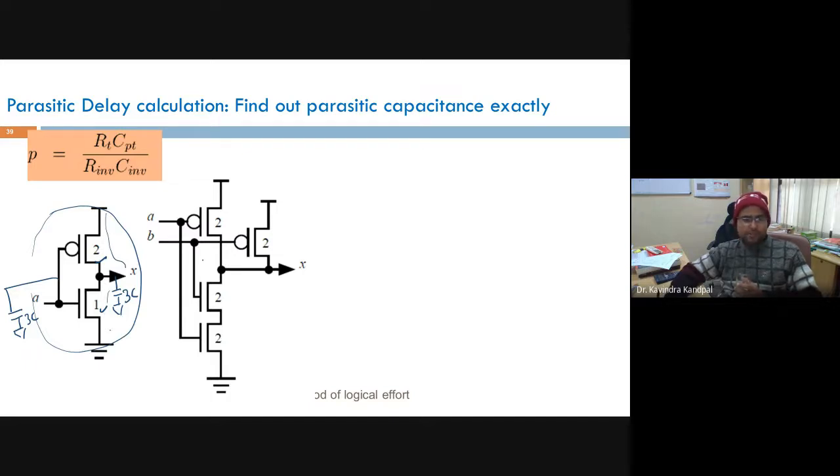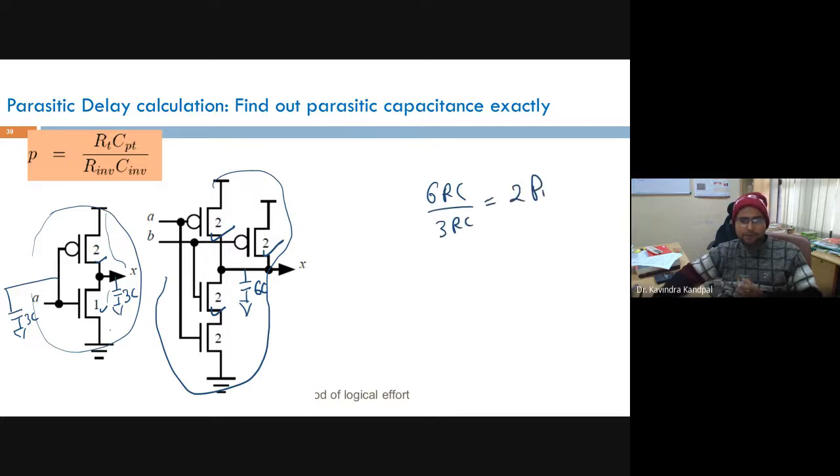Now someone asked me what is the parasitic delay of this gate with respect to this inverter. I will first find out the capacitance here. From the RC delay model, 2C because of this one, 2C because of this one, 2C because of this one, this was 6C. So can I say the parasitic delay here will be 6 RC divided by 3 RC? That happens to be twice of P inverter. Yes or no?